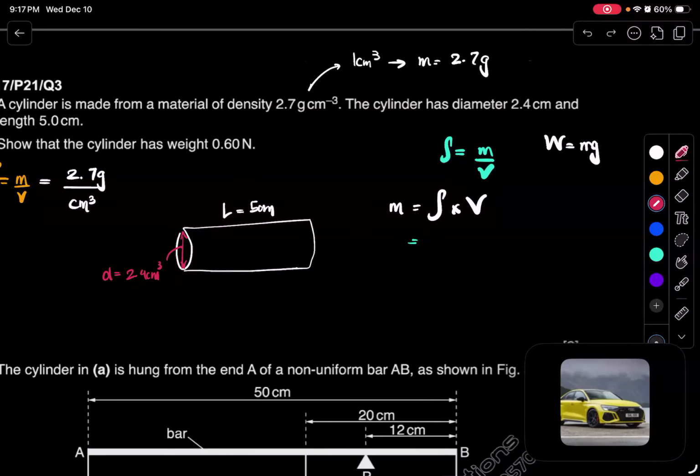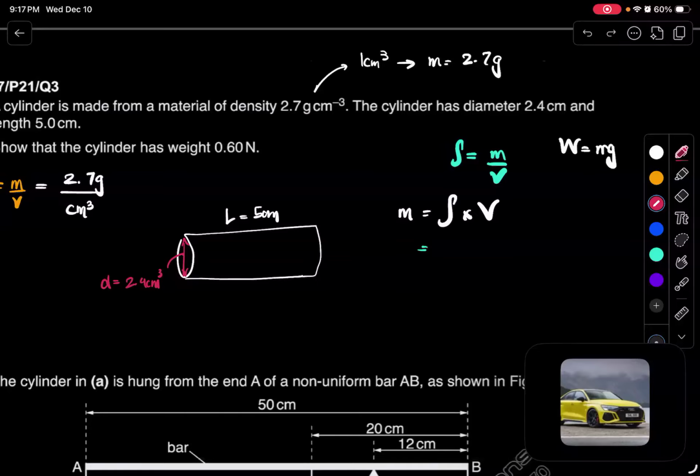But keep in mind, because the units of density were gram per centimeter cube, the mass that you're going to get out is actually going to be in grams. Why? Because you didn't convert this. You could convert this into kilograms and then you would get your answer in kilograms as well. But let's just not do that. We don't need to make our working a bit more complicated.